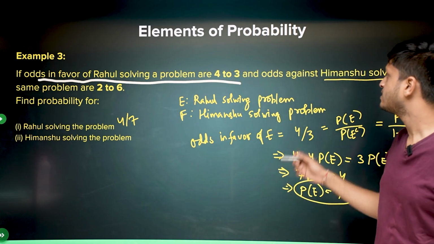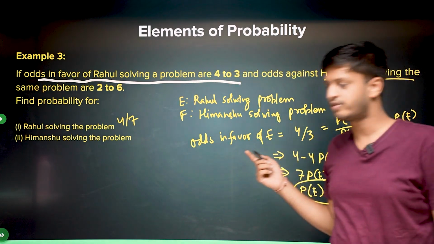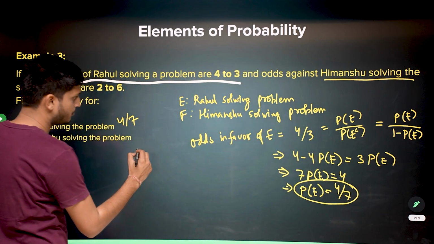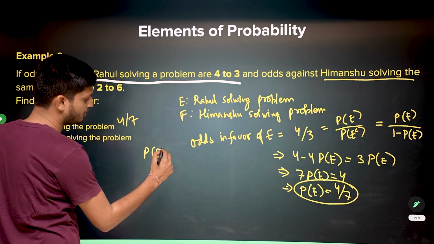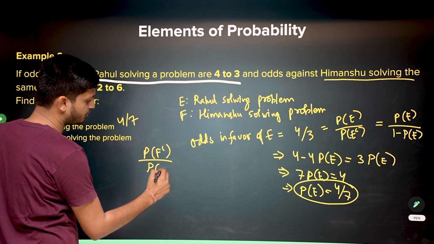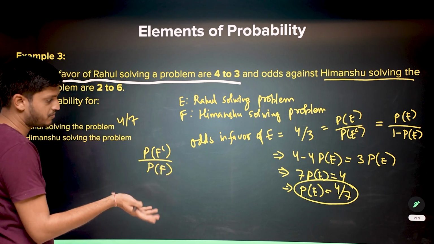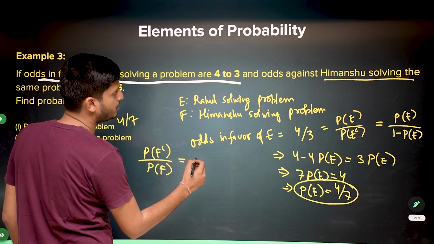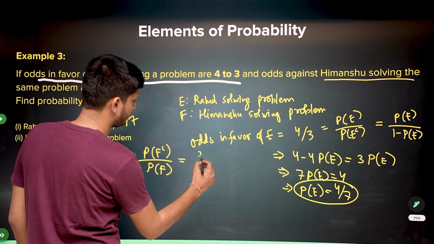And the second part is the odds against Himanshu solving the problem. It means that the probability of F complement upon the probability of F, odds against, which means the reversal, is given to be 2:6.